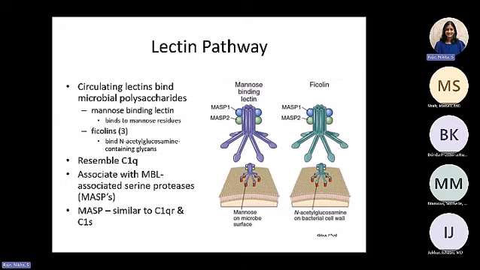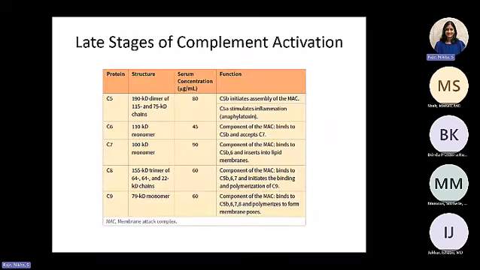The rest of the pathway is very similar to the classical pathway. So regardless of which pathway is activated, the final step is the C5 convertase that cleaves lots of C5 to C5a, C5b. And that starts the final common pathway where the C5b initiates the assembly of the membrane attack complex.